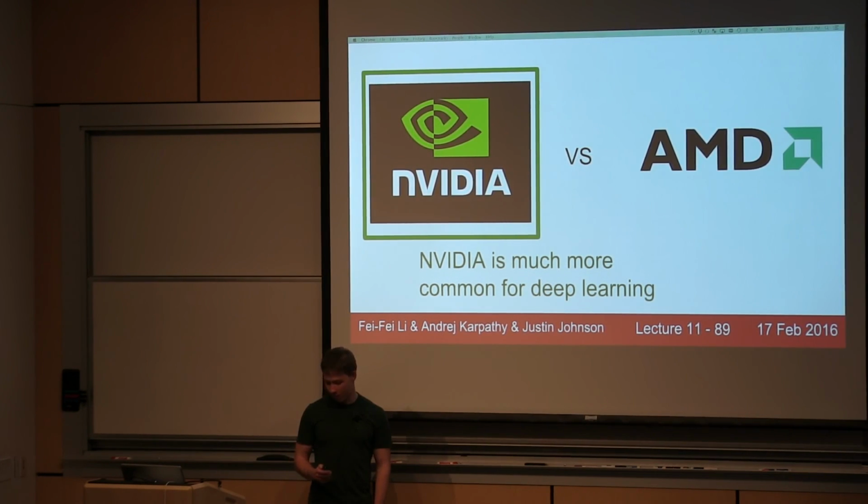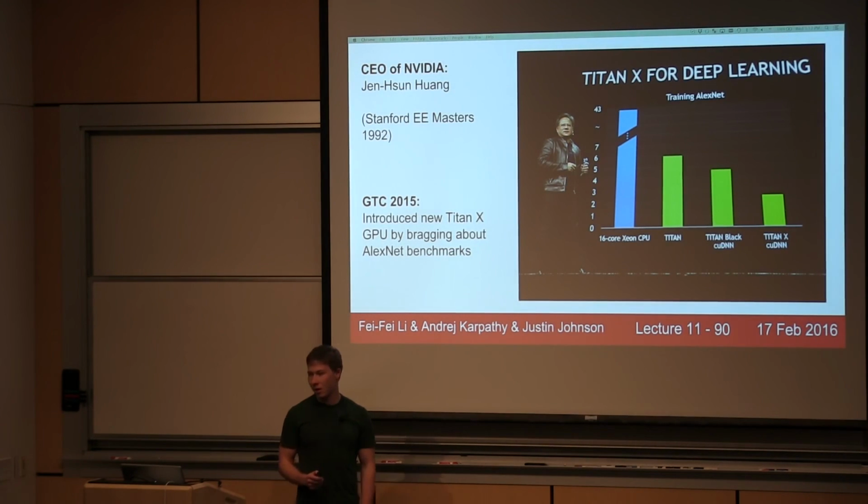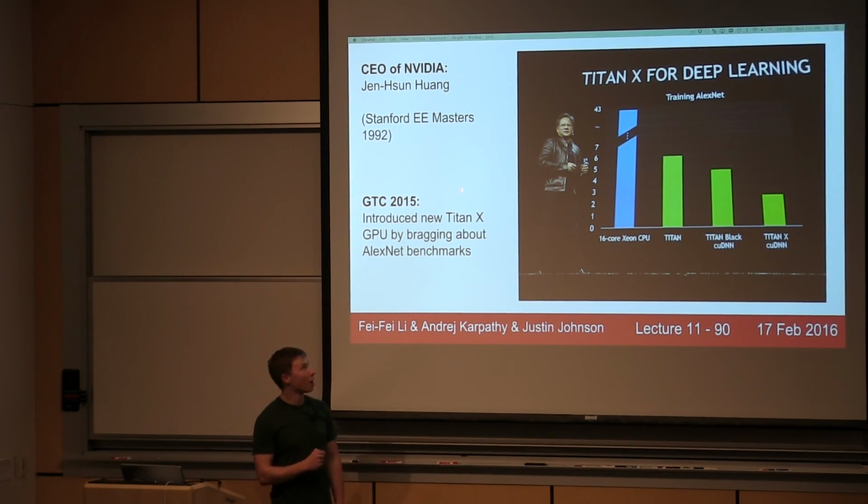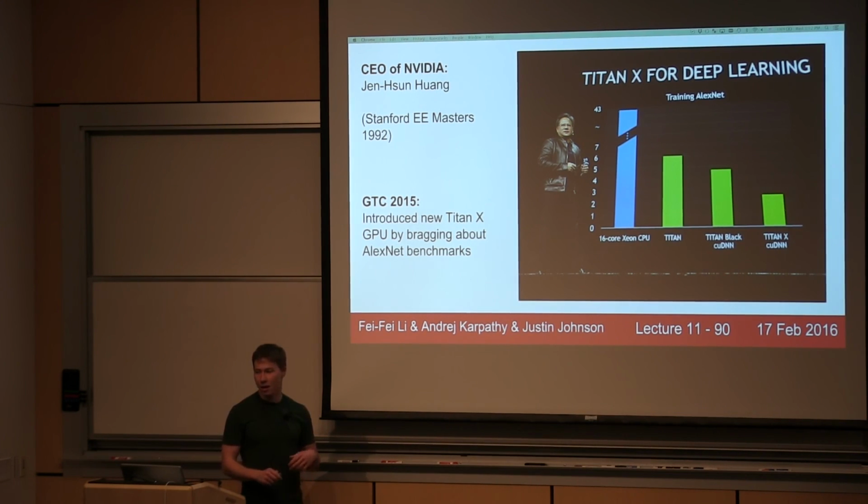As a cool example of that, last year at GTC, which is NVIDIA's big yearly conference where they announce new products, Jensen Huang, who's the CEO of NVIDIA and actually also a Stanford alum, introduced this latest and greatest new GPU called the Titan X, their flagship thing. And the benchmark he used to sell it was how fast it can train AlexNet.